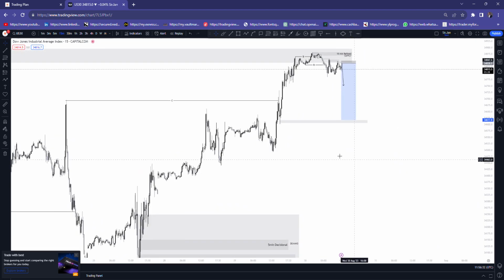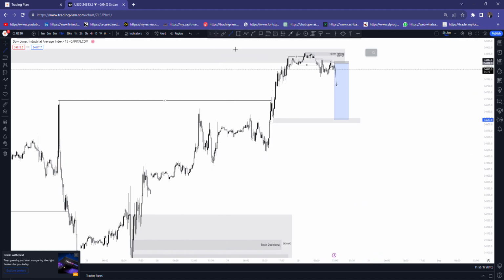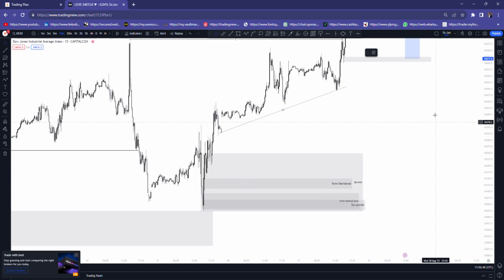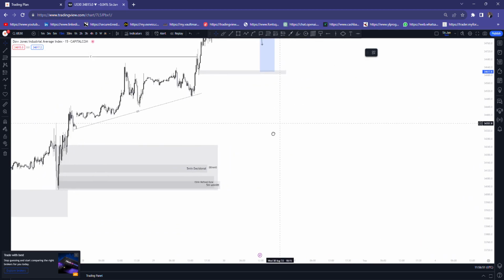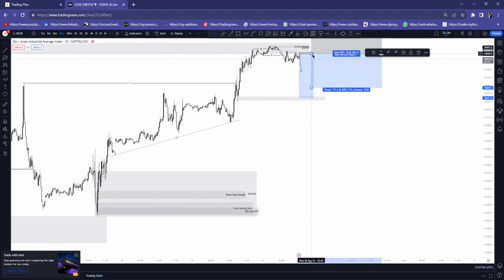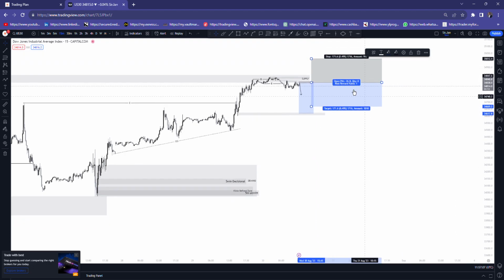So if you look at this, we don't only have this zone as the unmitigated one, we have below this liquidity that needs to be swept. We have this 5 minute zone that is unmitigated here. So if you open two trades, this is what you might be doing.